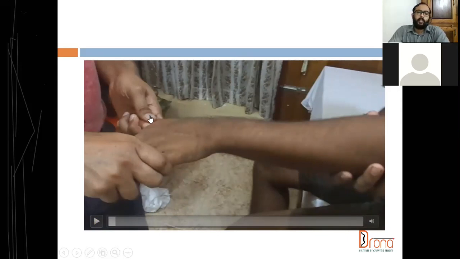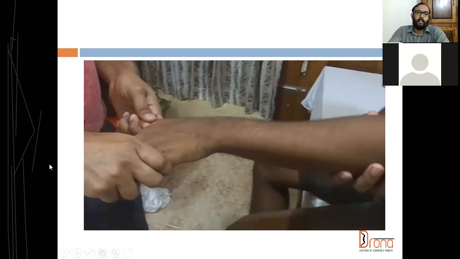Here you can see that the thumb of the patient should be directly forward towards the person who is giving traction, in a straight line with that person. The 4 other fingers should be at 90 degrees to the thumb, and then traction should be given to the thumb and to the 4 fingers like this.